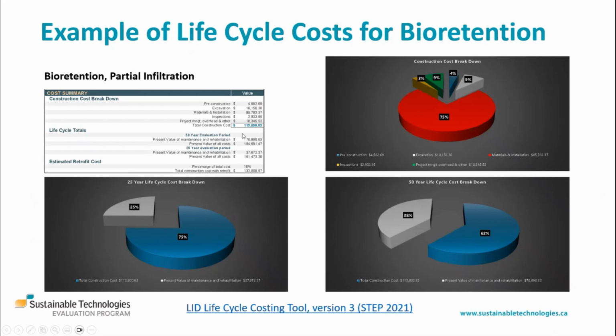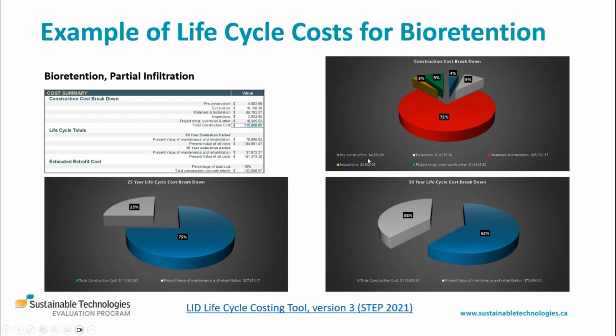And we can see over a 50-year evaluation period with present value of all costs, the total costs can increase with your maintenance and operation over time. Your total costs with a retrofit at 16% of the total cost can rise up to $132,000 over a 50-year lifetime.